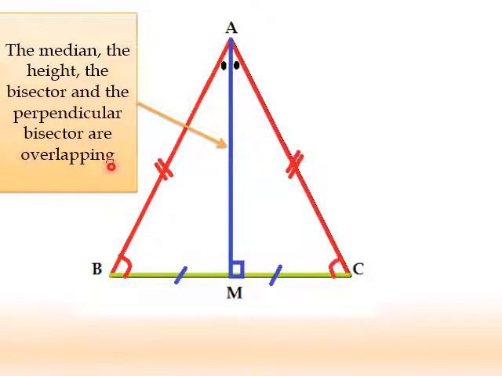And that's what I mean by saying overlapping. It's at the same time median, height, bisector, and perpendicular bisector. And I'm talking only about the segment issued from the main vertex, okay, not from the other vertices, only from the main vertex.